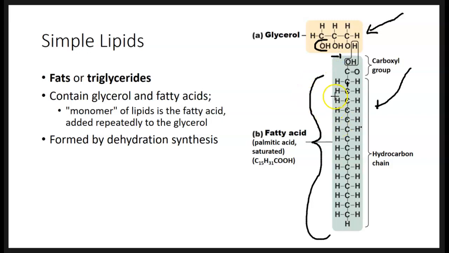And so these hydrocarbon chains are extremely nonpolar and extremely hydrophobic. The glycerol and the carboxylic acid end, which is the one functional group on the fatty acid, are more polar groups, and these are a little bit more water soluble than the rest of the hydrocarbon chain.